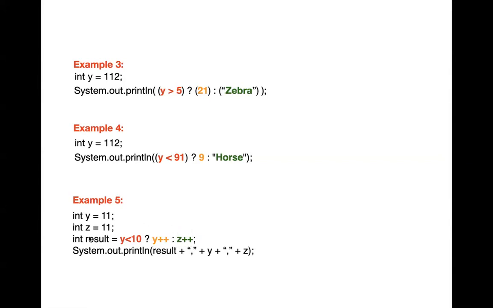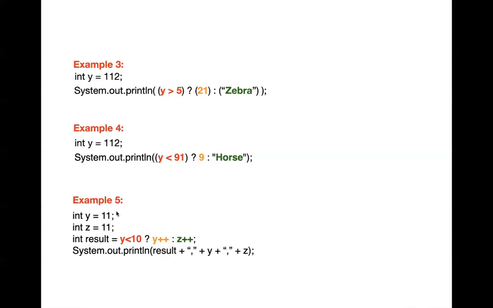Therefore, I will assign result 11, which is the current value of z, and then I will increase z by 1. The result is going to be 11 because I assigned z first, and then I increase the value of z by 1. Result is 11.